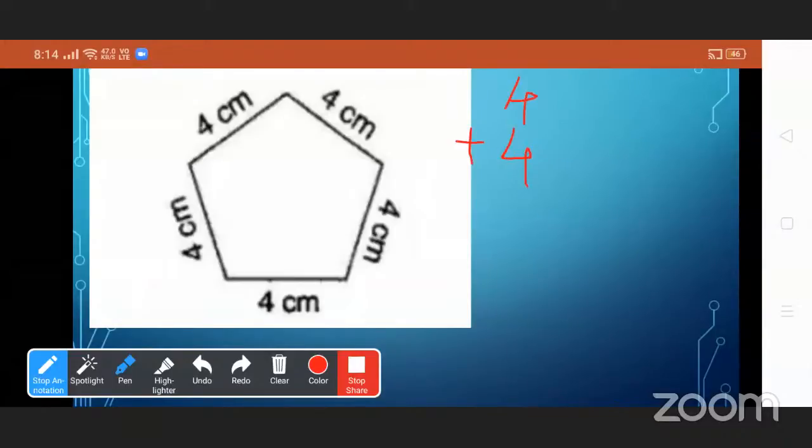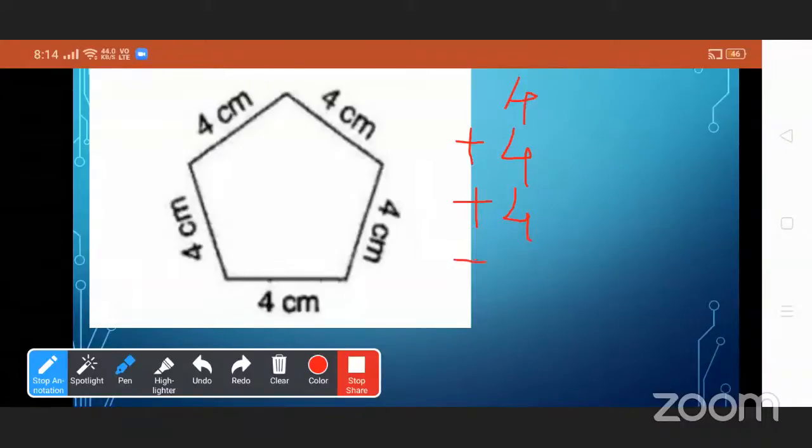Yes. So we can do multiplication also because here all the sides are equal, na? If all the sides are equal, to find the perimeter, we have to multiply one side by the total number of sides.